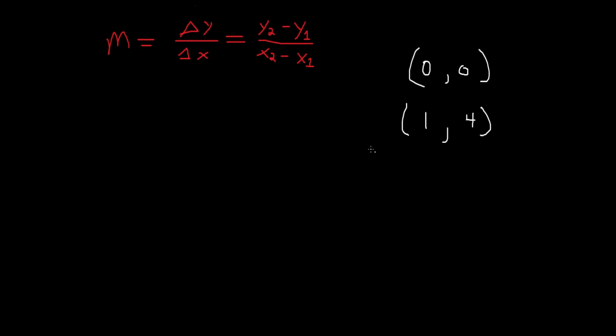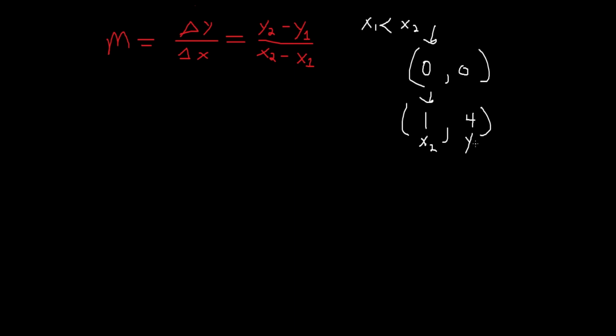Now, in case you are worried that you'll mix these up and you're not sure which one should be which, keep in mind that x1 should always be less than x2. So whichever of these points has the higher x value, that one is x2. So in this case, this one would be x2 because 1 is definitely bigger than 0.